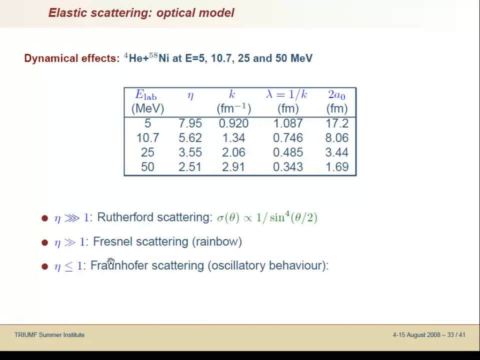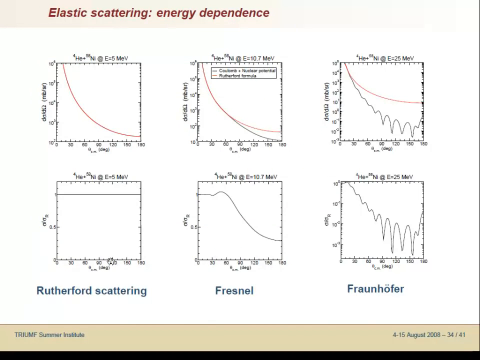But for any other collision, this minimal distance will be larger. So for these small angles, we have a very distant collision, and again we get something that resembles the Rutherford cross-section. This will be the general case for sufficiently small angles. We always expect a cross-section that looks like the Rutherford cross-section, and then eventually it will depart from this.